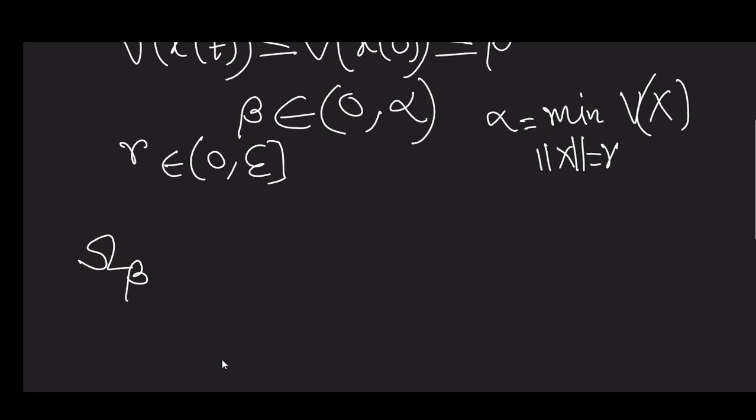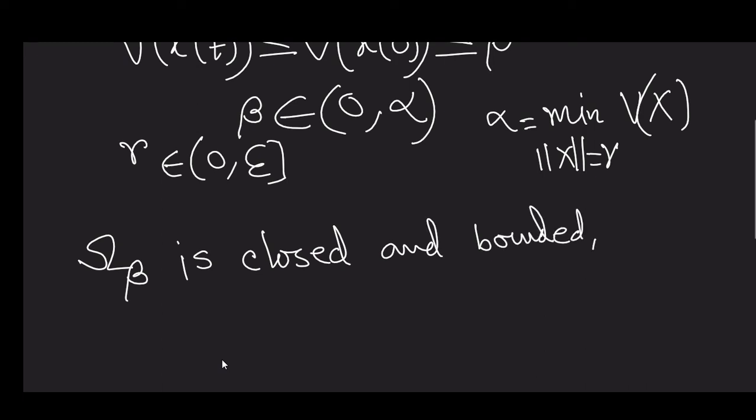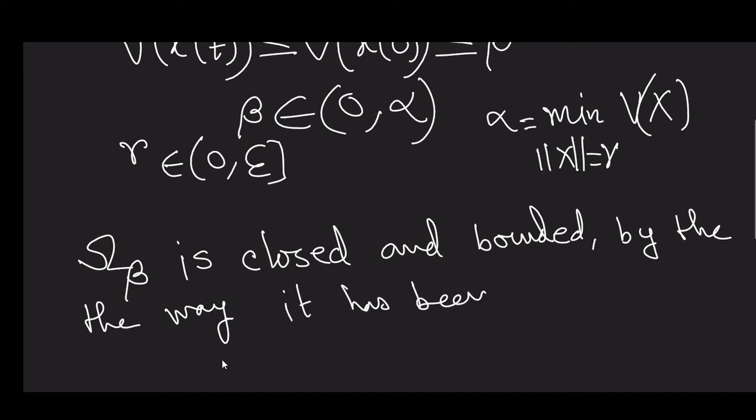Omega beta is closed and bounded by the way we have defined it. The way it has been defined implies that omega beta is closed and bounded.